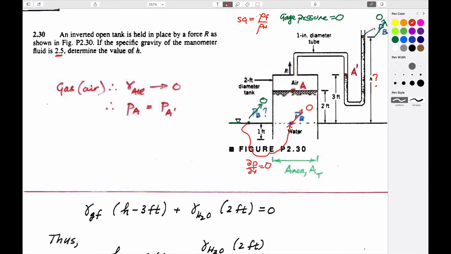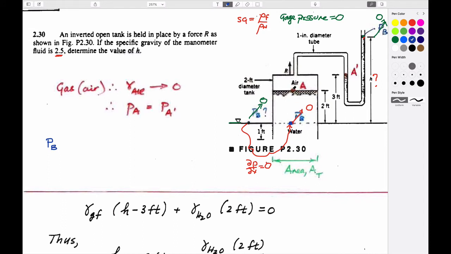This is in the x direction. So let's do it. I'm not sure I'll do the number calculations, but let's do the actual physical calculations. We know the pressure here. It's usually best to start where you know a pressure and work to somewhere where you don't. But in this case we know the pressure here and here, so it really doesn't matter which way we do it. So let's start here. We start with pressure B.